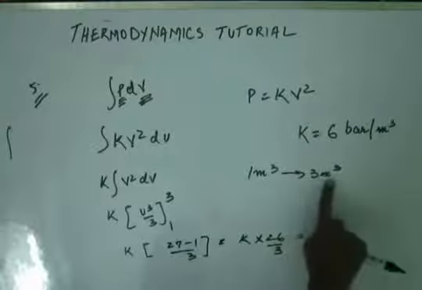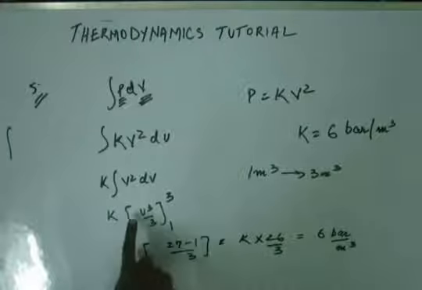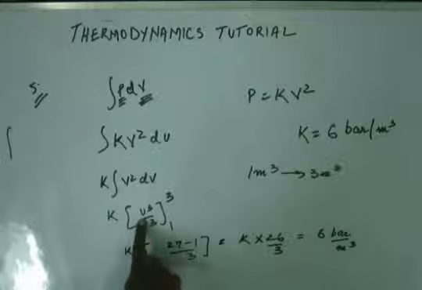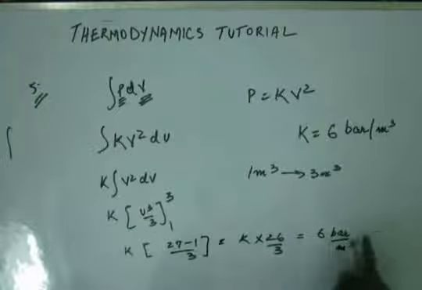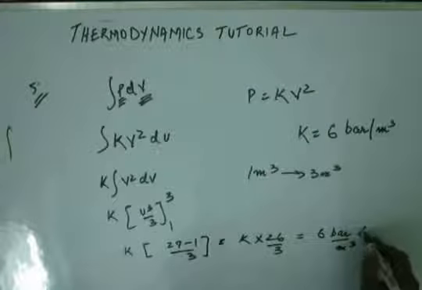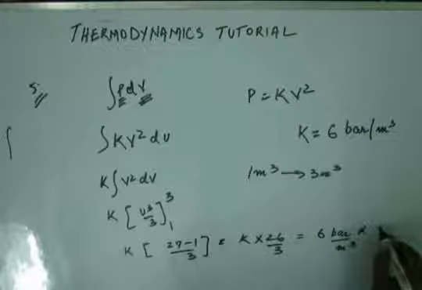The unit is meter cube. So if you put here 3 meter cube, the cube of that will give you m to the power 9. Alright, and m to the power 3 will be cancelled from here. So effectively you're going to have m to the power 6. I'm not writing that, but here you do indeed have m to the power 6.